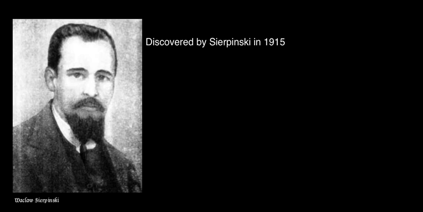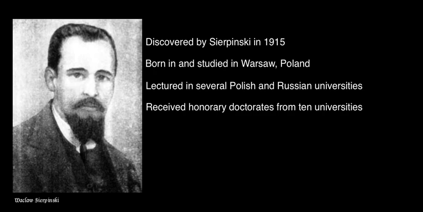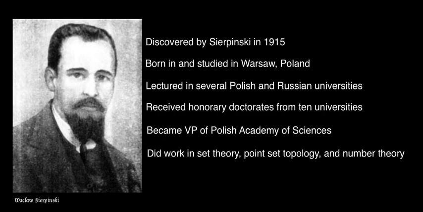Wacław Sierpinski was born in and studied in Warsaw. He lectured at various universities in Poland and Russia and received honorary doctorates from 10 universities. He became the vice president of the Polish Academy of Sciences and did very important work in 3 branches of math: number theory, set theory, and point set topology.